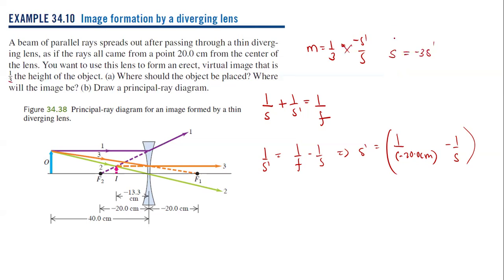So how did we get this one? It says here in the book that s prime is equal to negative s over 3. Hmm? s over 3? How?